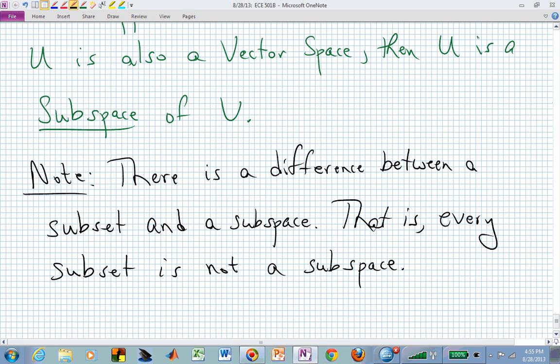And now the nice thing about this, in terms of trying to verify if U is a subspace, is we don't have to prove all 6 of those properties that we needed, commutativity, additivity, etc. We really only have to show 3 properties are true on U in order to verify that it's a subspace. And here's what we need to do then.